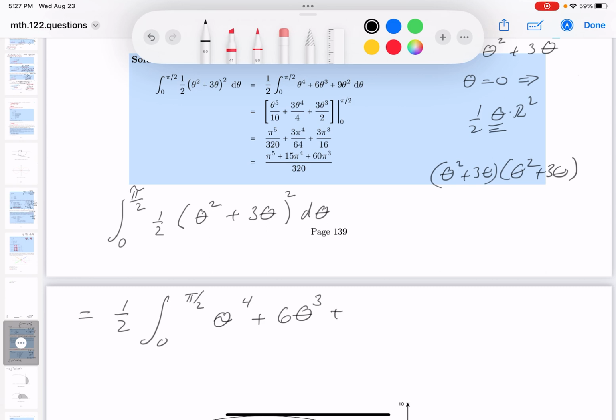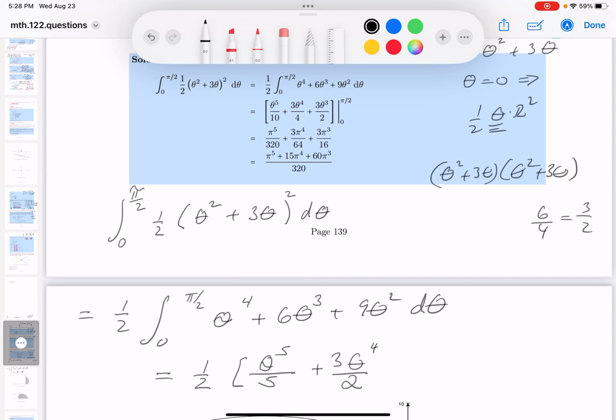Plus 9 theta squared, d theta. I'm going to integrate that, and you get 1/2, theta to the 5th power over 5, plus theta to the 4th power with 6 divided by 4, which is 3 divided by 2. Let me see if I said that right. 6 divided by 4 is 3 divided by 2. Not bad. Let's keep going.